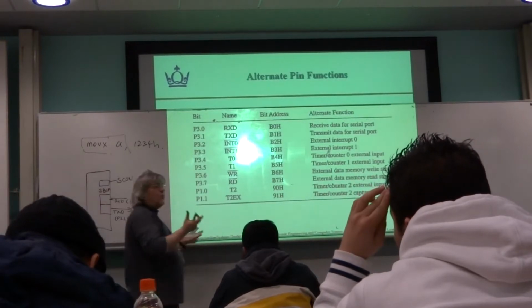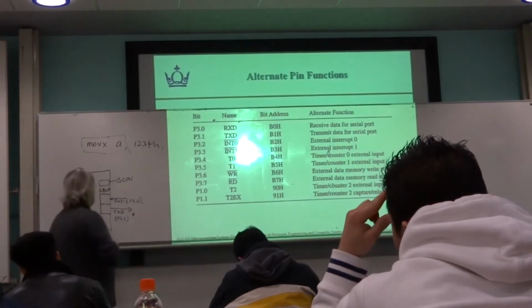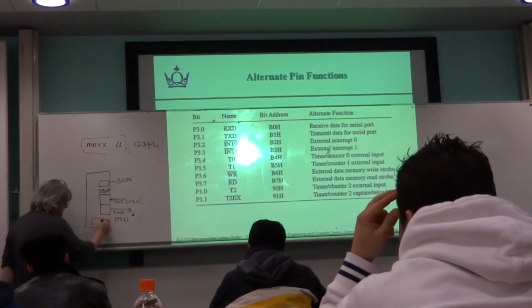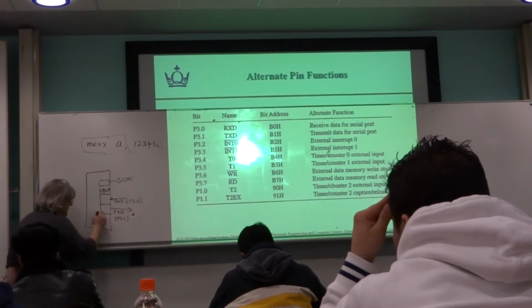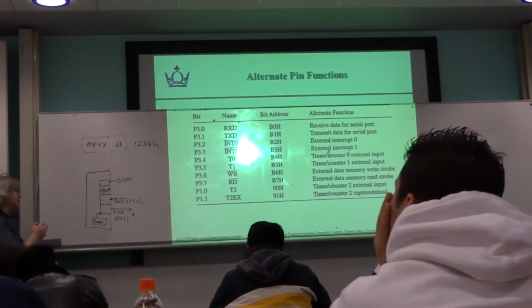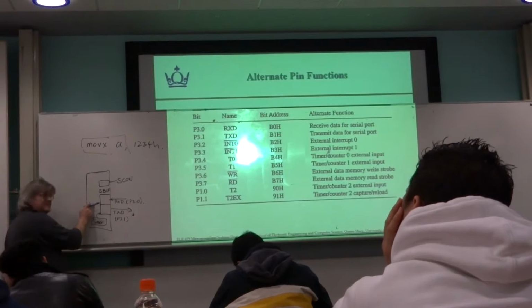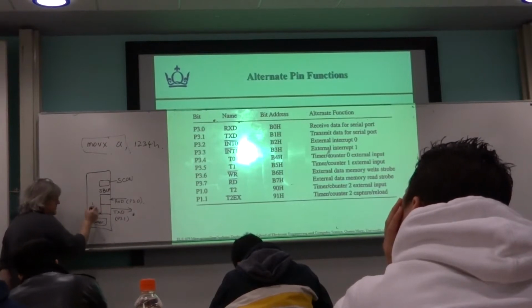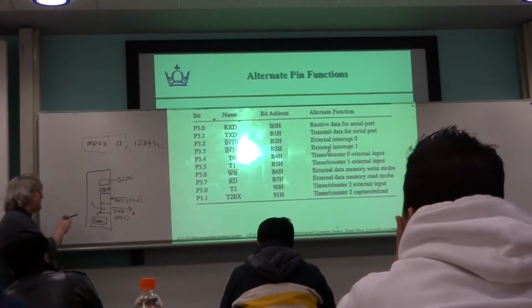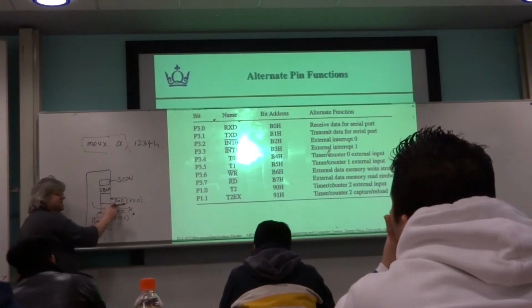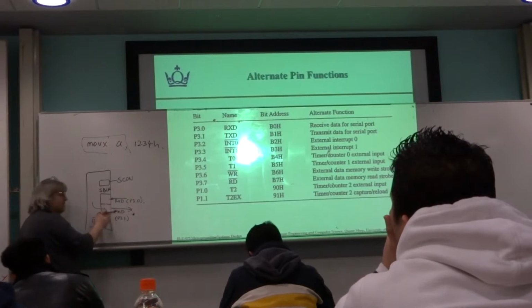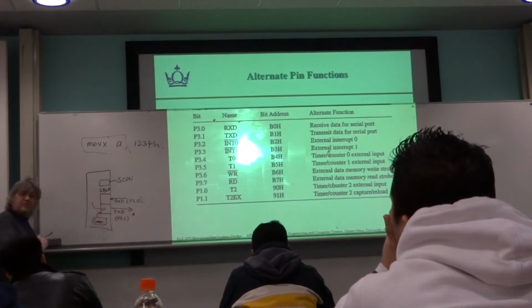You might say, well, why do I care? One of the clever things that can happen is if you have some data to send, if you write it to SBUF, the microcontroller will look at its timer and determine precisely how fast to send out that block of data without you having to worry about it.